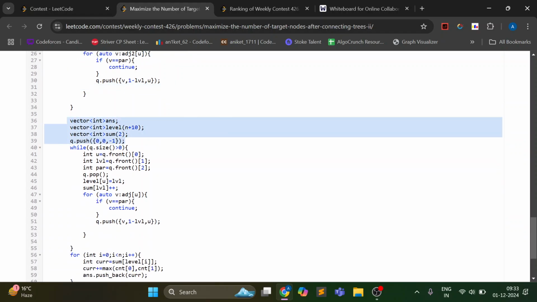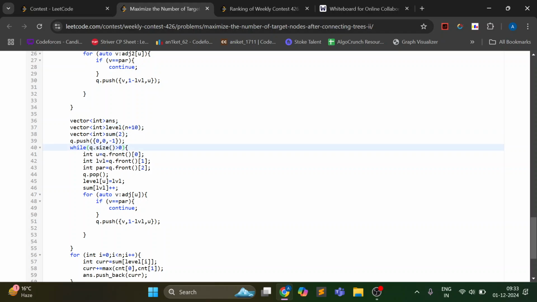Now similarly in the first graph, I will find the same property, the total number of nodes for each level parity 0 and 1, and I'm also storing the parity of the level of that node. So again I'm pushing the root, its level, and parent, iterating over this. I'm incrementing the sum of level, but additionally I'm storing the level of that element.